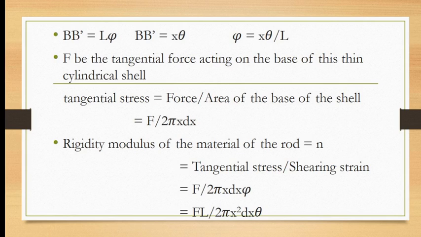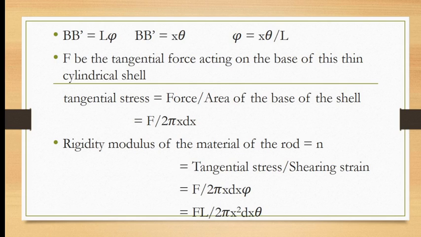Now we had derived the expression for φ as xθ by L. So we can substitute for φ and find out the value of the rigidity modulus of the material of the rod, that is FL divided by 2πx²dxθ. So we have got an expression for rigidity modulus, isn't it?